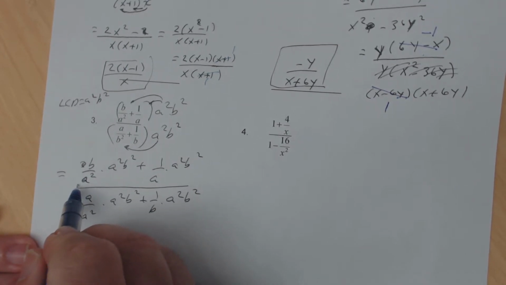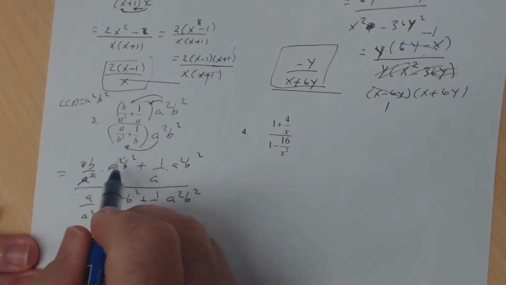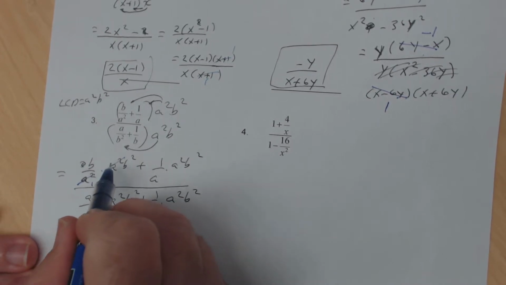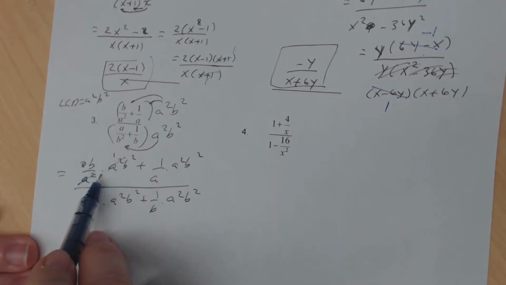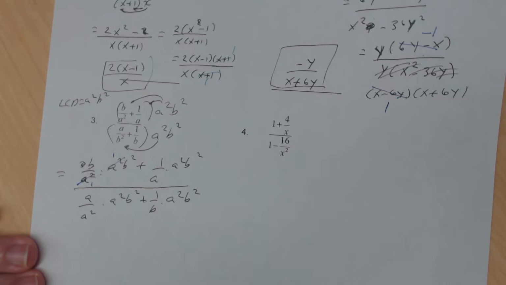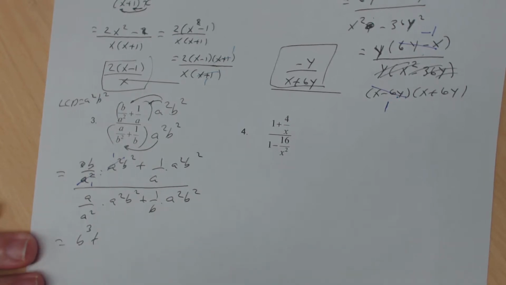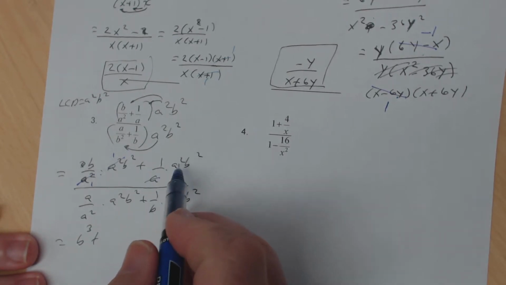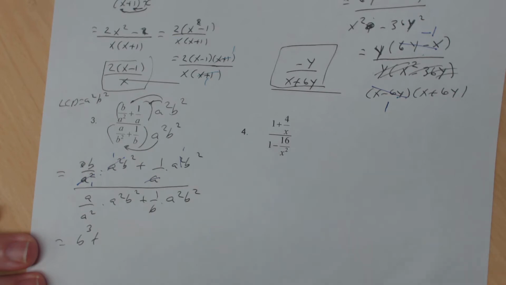So the two factors of a were reduced with the two factors of a here. You're left with factors of 1. b times b squared is b cubed. Alright, plus this factor of a will reduce with one of these, so you're left with one factor of a.